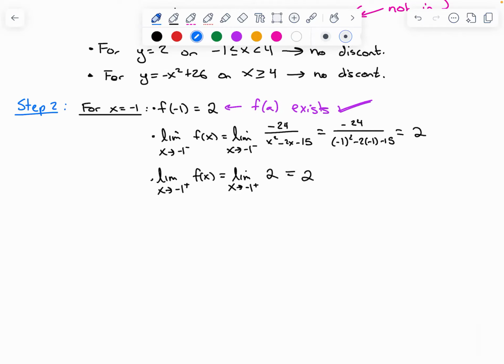So these are equal, which implies the full limit exists. That is, the limit as x approaches -1 of f of x is equal to 2.